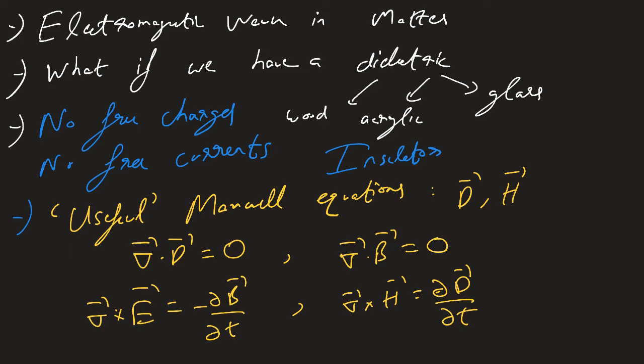If you want to go to the derivation of this, you just need to go back a few lectures, and we've described these. Just to refer to them, I'll just call them. So these are also Maxwell equations, and these are more general Maxwell equations than the ones we did before. But still, of course, we have a constraint: there are no free charges, no free currents, right?